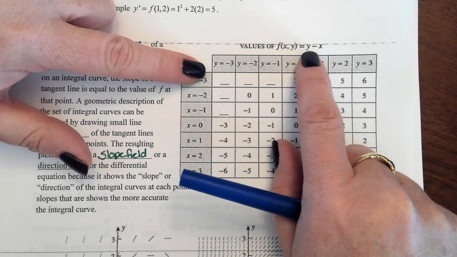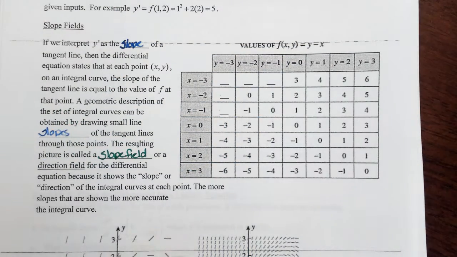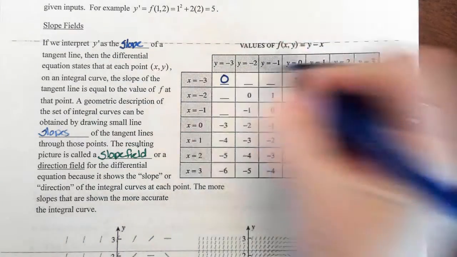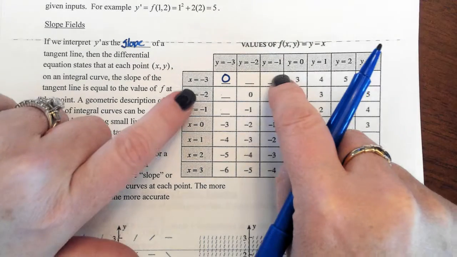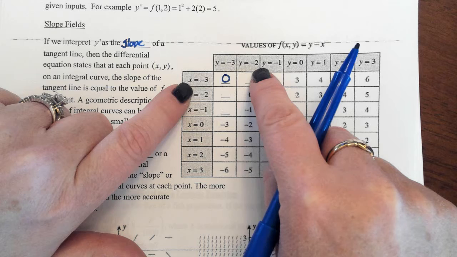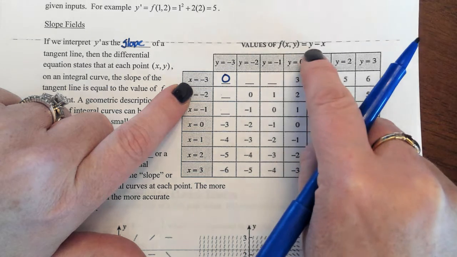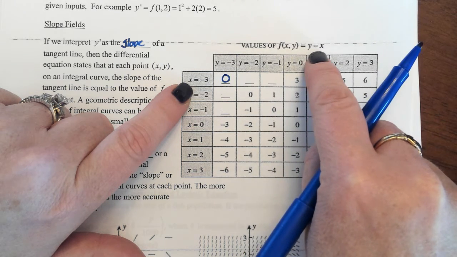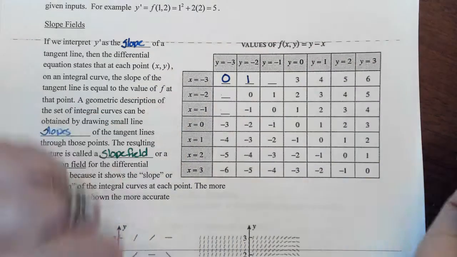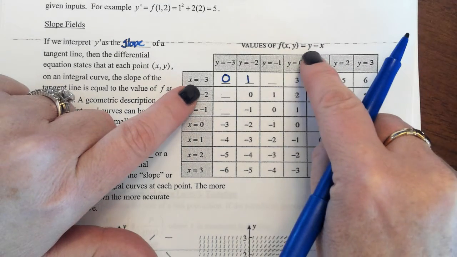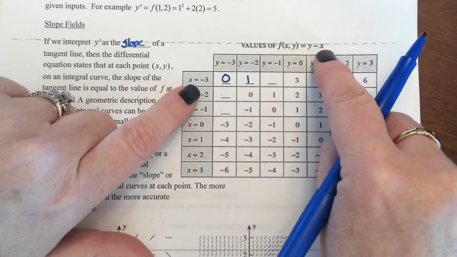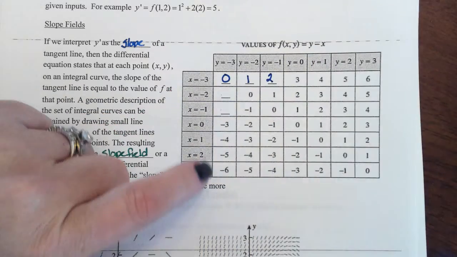So -3 minus -3 is -3 plus 3, which is just 0. Plug in -3 for x and -2 for y, and I end up with -2 minus -3, which gives me 1. Then -1 minus -3 gives me 2.